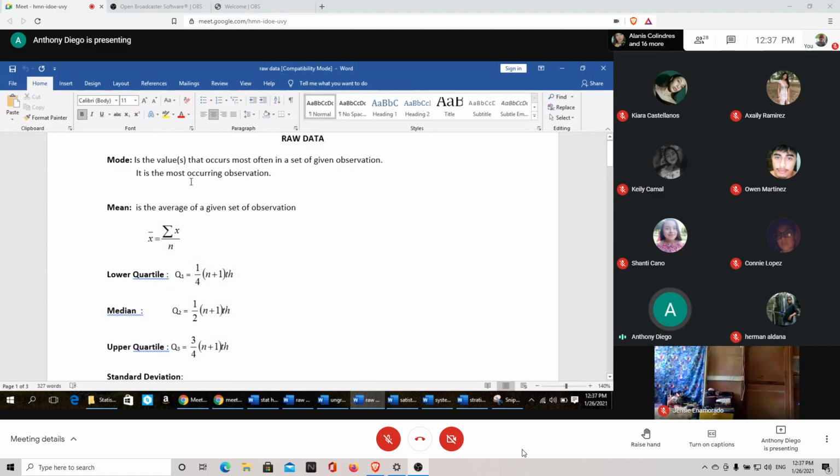It is the most occurring observation. So looking at the raw data like the one that I just showed you, 4 was the mode because that was the most occurring observation in that set of observations. However, like I had mentioned to you, there are cases where you could have more than one mode. So you must bear that in mind as well.